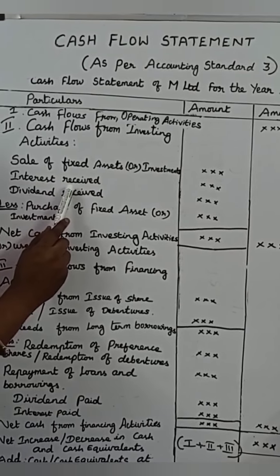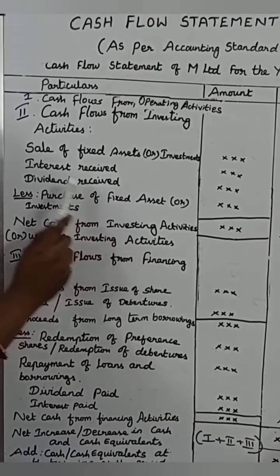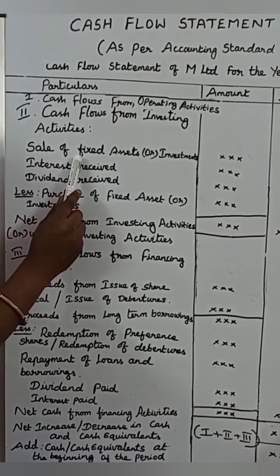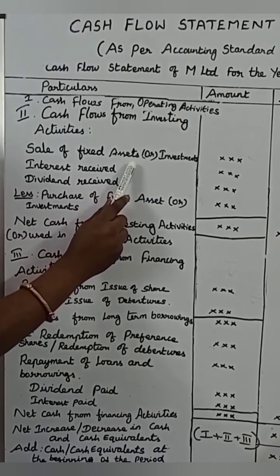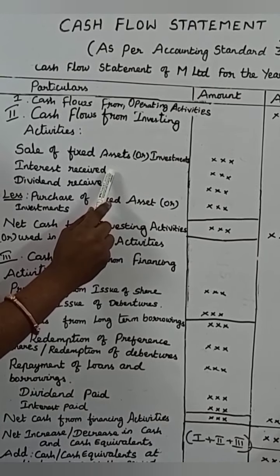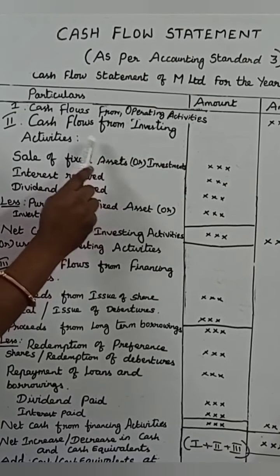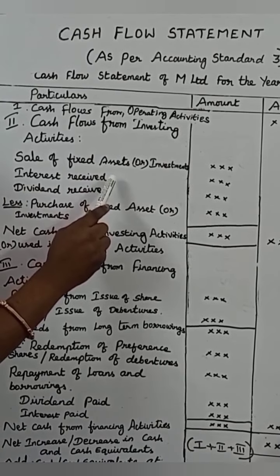We need to record the cash inflows from investing activities: the total amount received from the sale of fixed assets and any investment which results in cash inflow. It will be shown under the heading cash flow from investing activities.